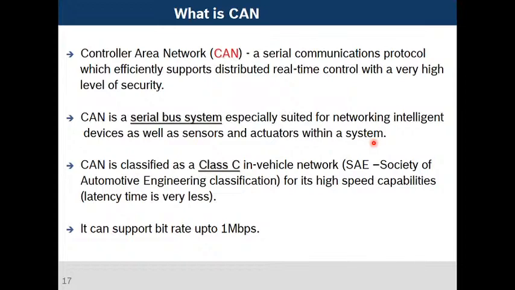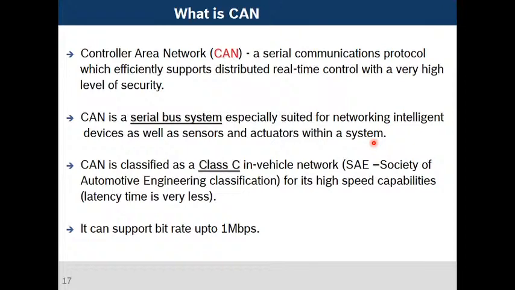You can imagine real time means that if you apply the brake, then immediately the wheel speed should reduce, or the wheel revolution should come to zero. That's the main thing in an embedded or real-time system. That is achieved in the CAN protocol, and it has a very high level of security.